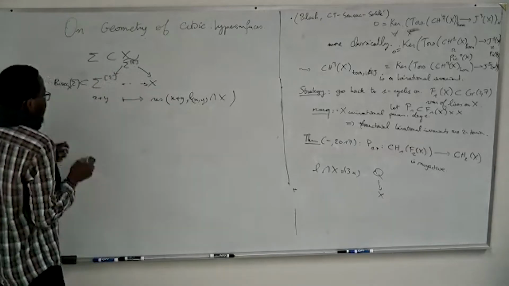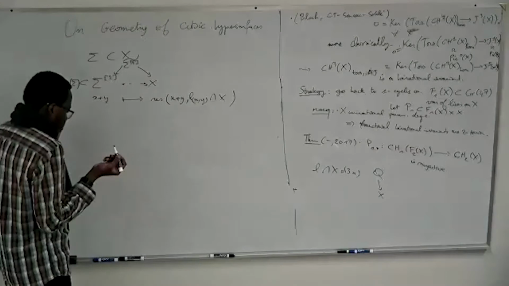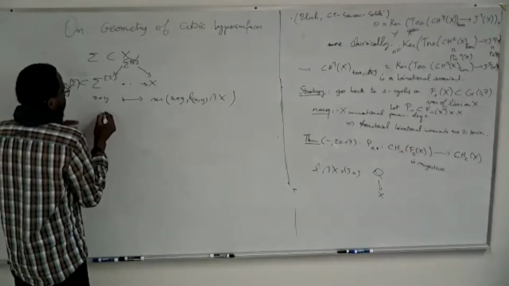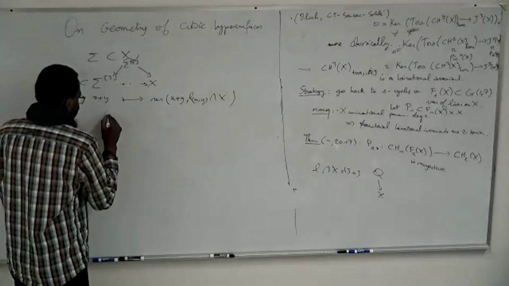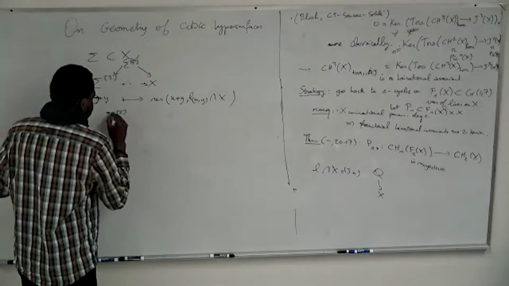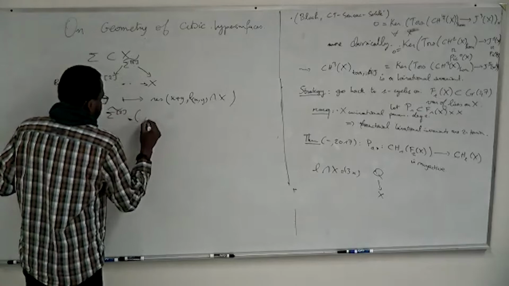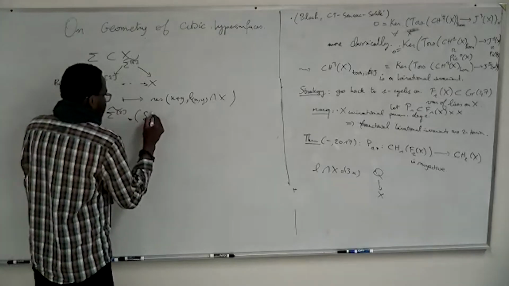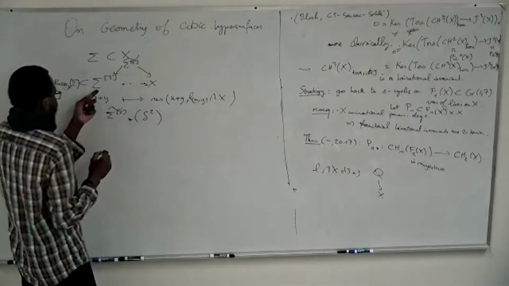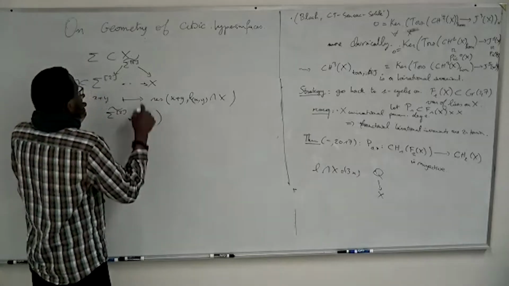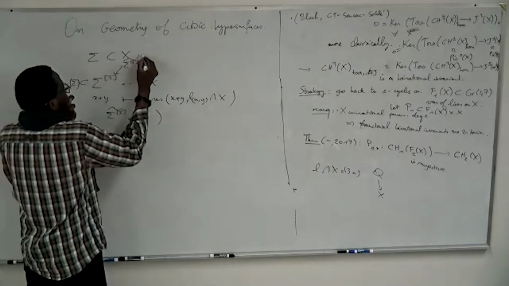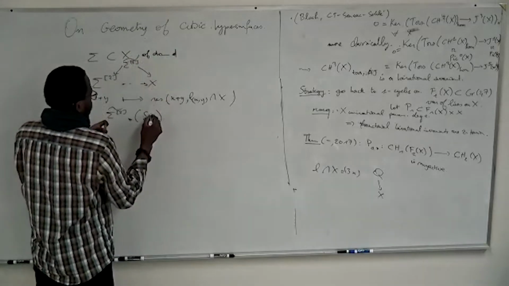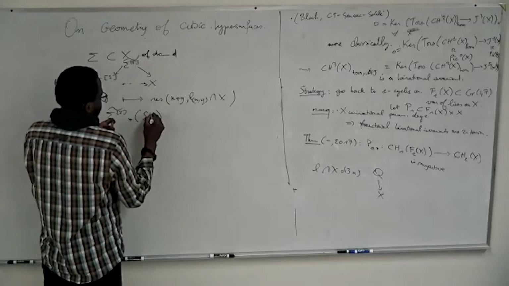Basically, the inversion formula will follow by computing the image under this correspondence of a very interesting divisor on this variety. Let me say that it is of dimension d.